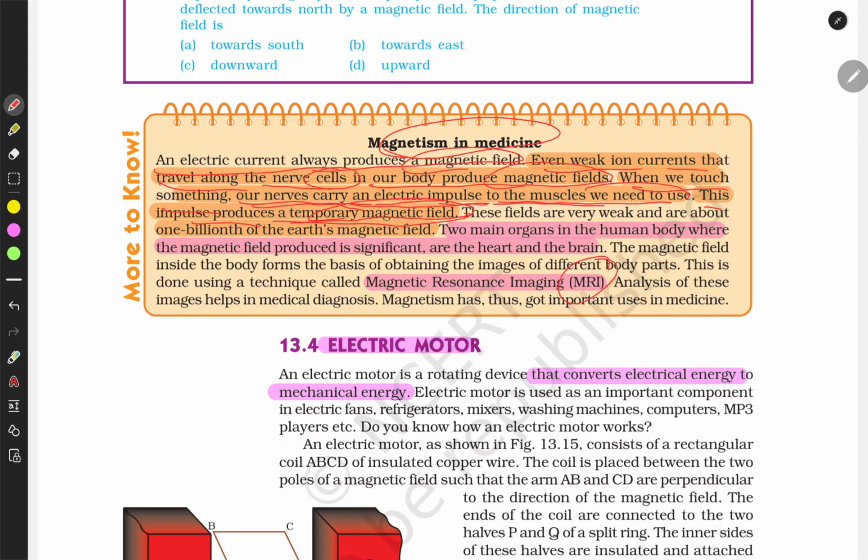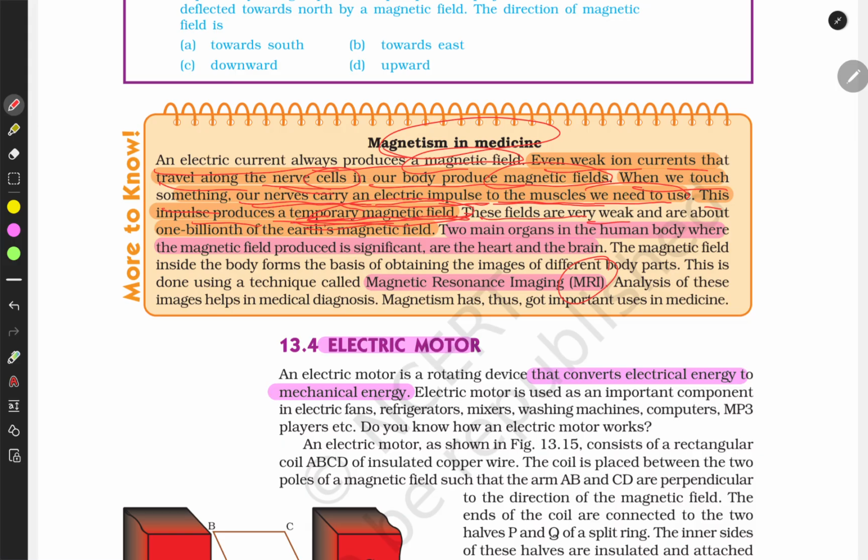Even our body produces a magnetic field, because the nervous system has a messaging system based on electric impulses, and these small electric impulses also have a small, temporary magnetic field. As long as the electric impulse is there, a temporary magnetic field is there.